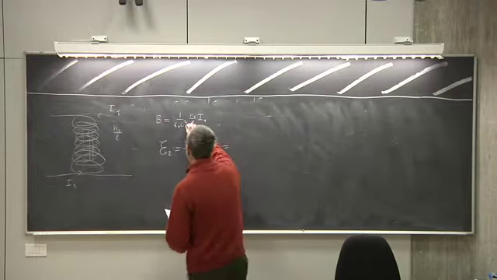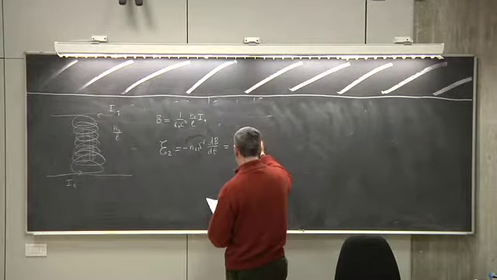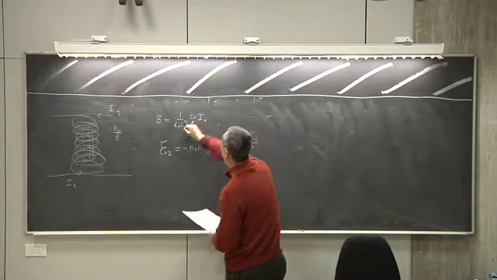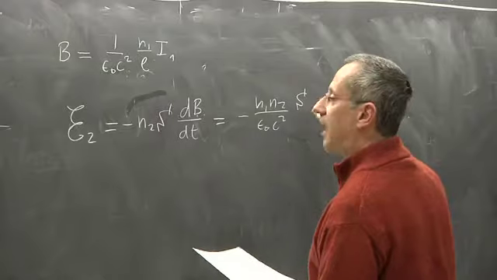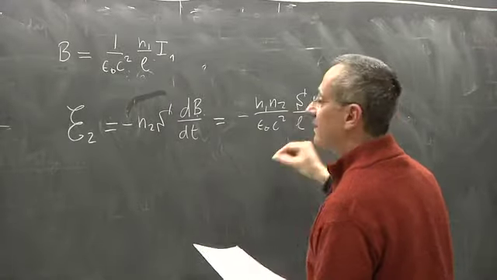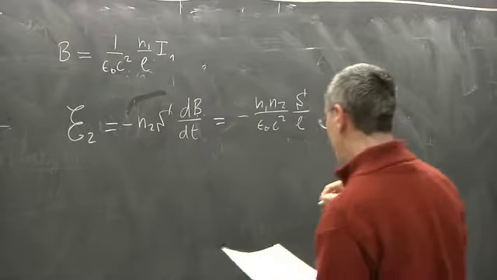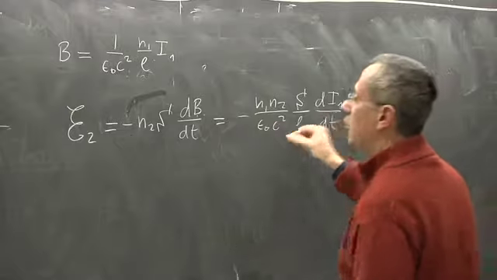So this I can write because I have what B is. So I have minus N1 N2 divided by epsilon naught c squared, times this area S, the cross-section, whatever you want to call it, the length of the wire, the total length of the wire, and then the derivative of your electric current.